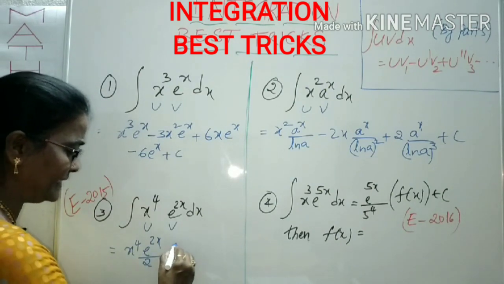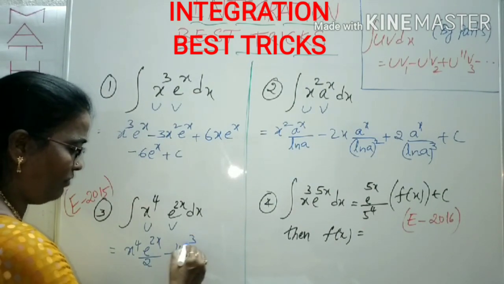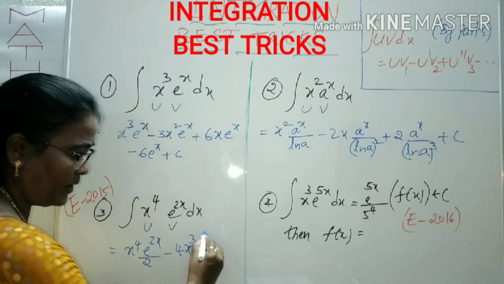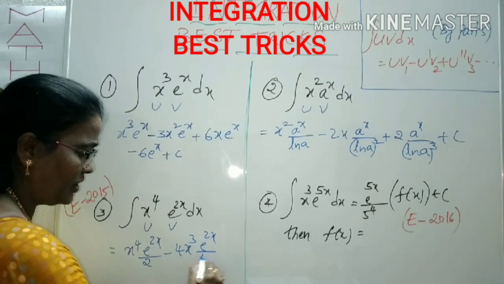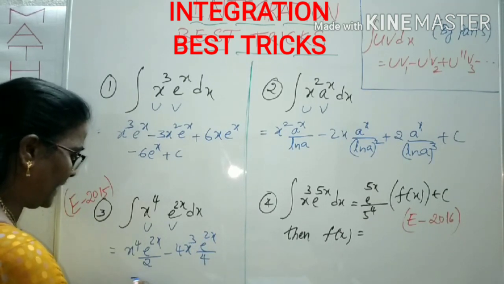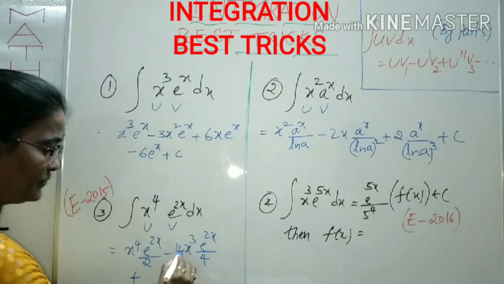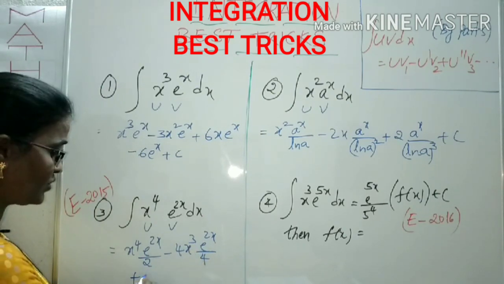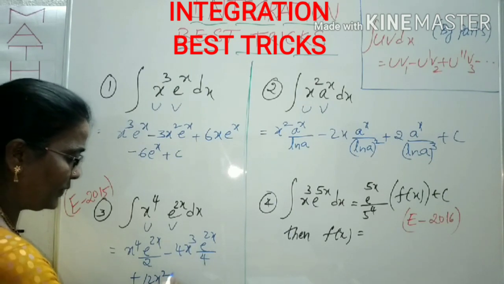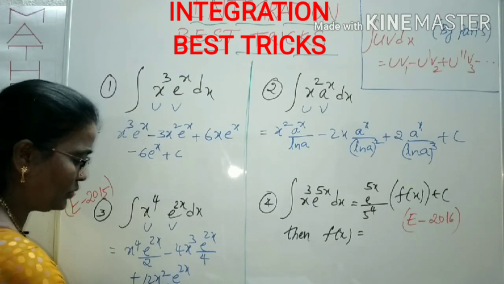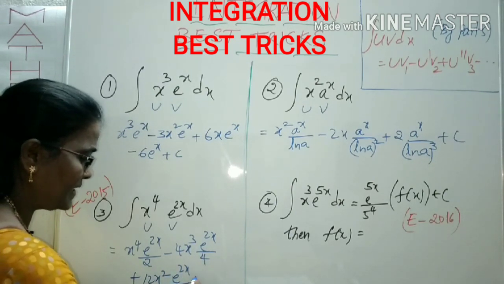Next, x power 4 derivative is 4x cube, of the integral of e power 2x, e power 2x by 2 into 2, 4. Plus, again next, 4x cube derivative is 4 into 3x square, that is 12x square, of the integral e power 2x by 2 into 4, 8. What is next?